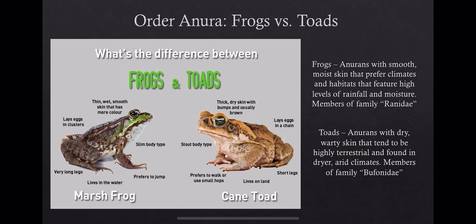Your toads are going to be more dry and that warty, kind of bumpy appearance. False. You cannot get warts from frogs and toads. Okay, that is a lie that someone spun however many years ago, but don't believe it. Toads come from family Bufonidae, and they are more terrestrial, and you can find them in slightly drier climates.